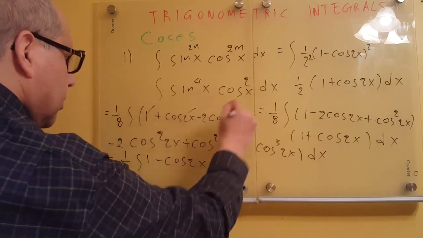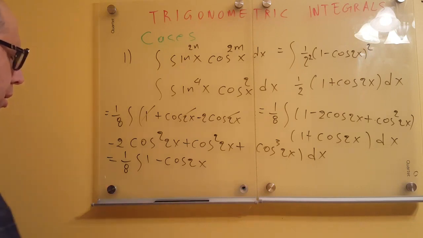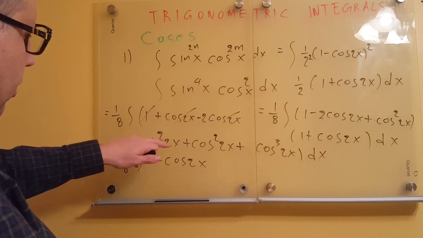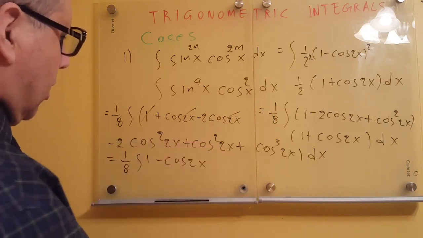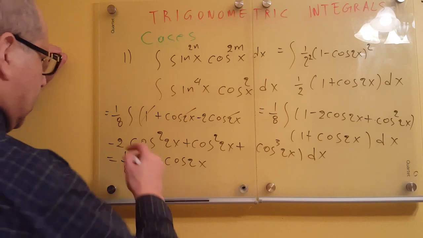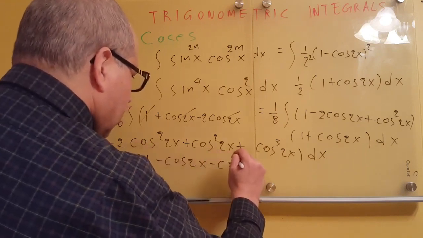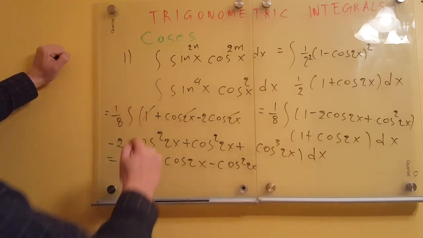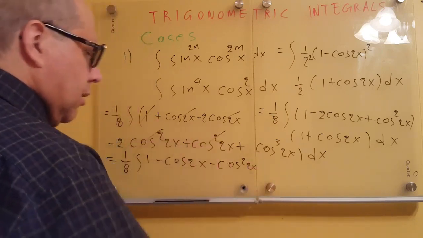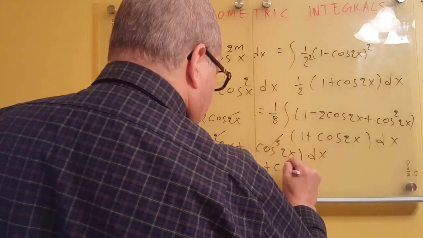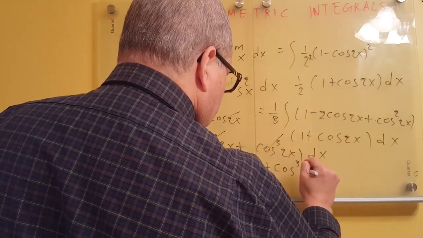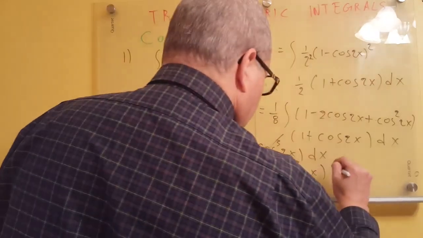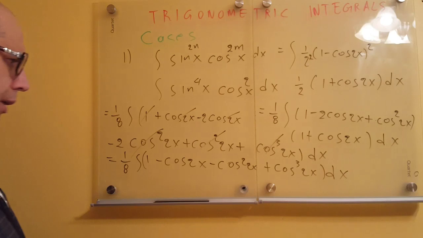Then you have minus 2 cos square 2x plus cos square 2x, so that's minus cos square 2x. And finally you have the plus cos to the third 2x, and of course all this is the integral with respect to x.